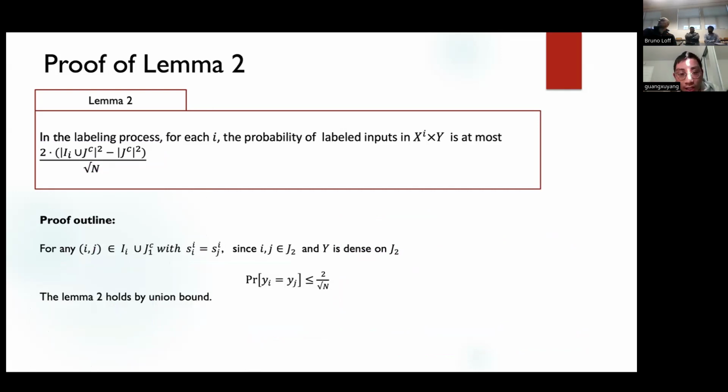For each i, j, since y is dense on J2, the conditional probability is small. And this number is bounded by the union bound. It just counts the increased collision pairs. Okay, any question yet?